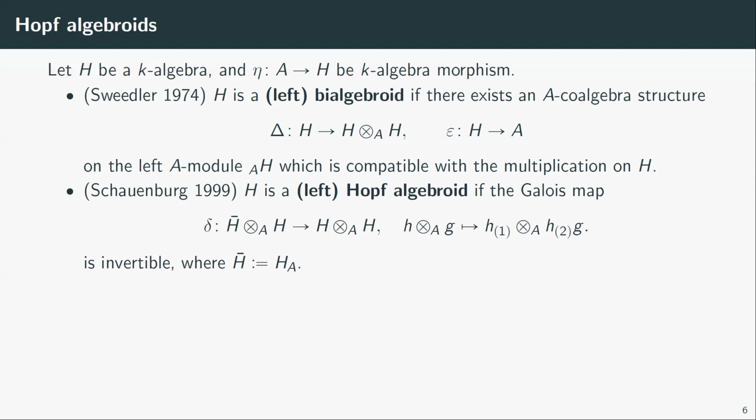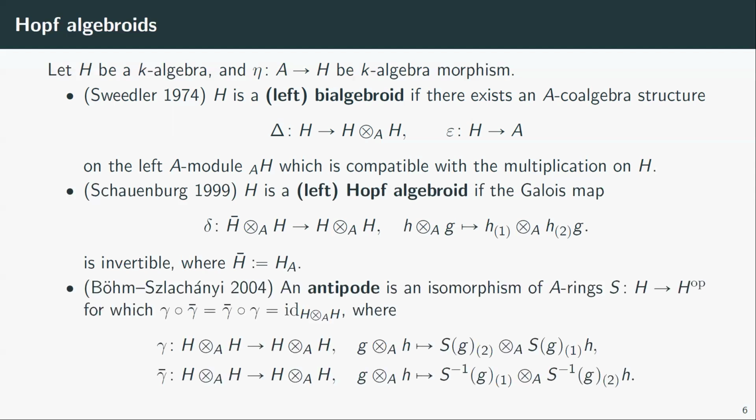And finally, I will briefly mention the notion of an antipode. A left Hopf algebroid, in the sense of Schauenburg, does not necessarily have an antipode. There are also several non-equivalent definitions of antipodes for Hopf algebroids. And for our paper, we used the one by Böhm and Szlachányi, where we required the antipode to be bijective.